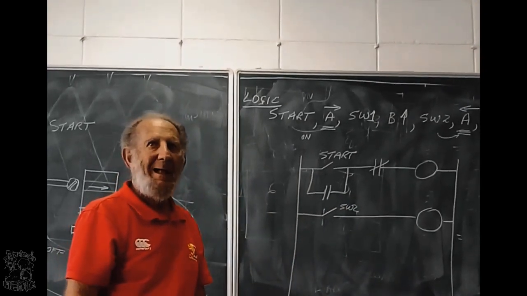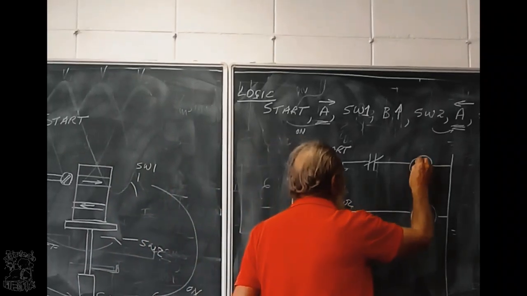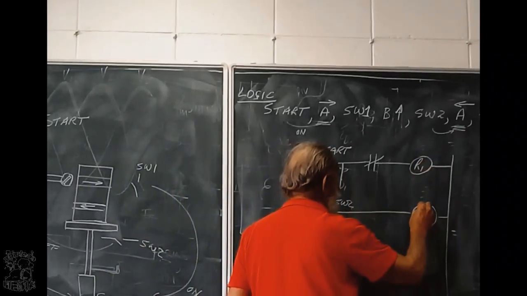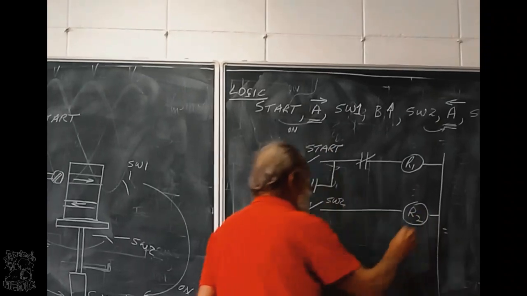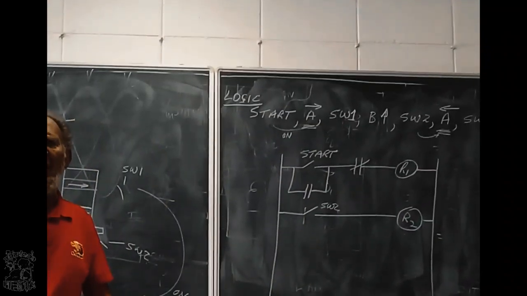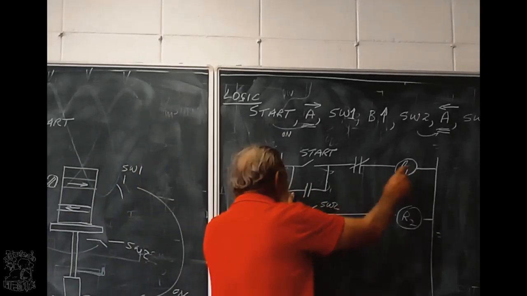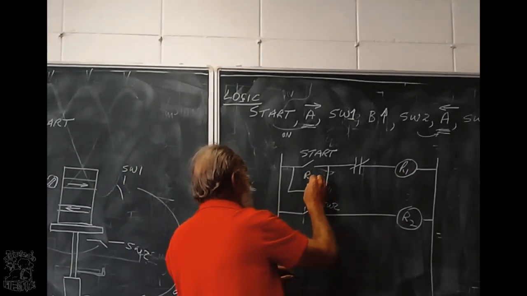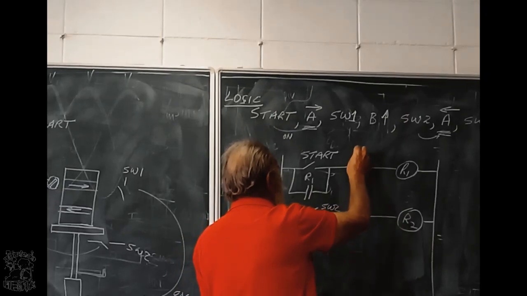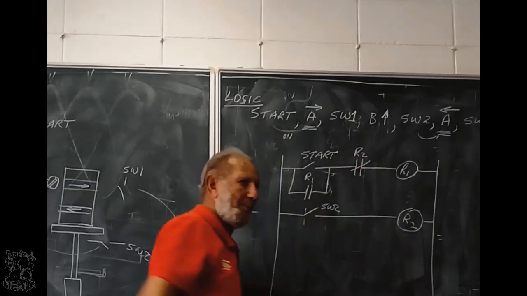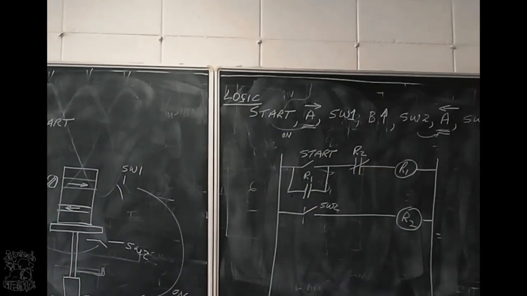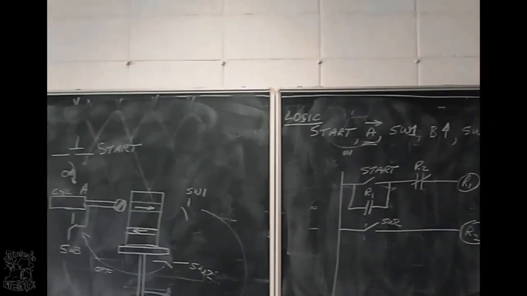Right? Let's call this relay 1, relay 2. If it is a latch, what can you tell me? This must belong to relay 1. And that must belong to relay 2. There's a latch. Right?